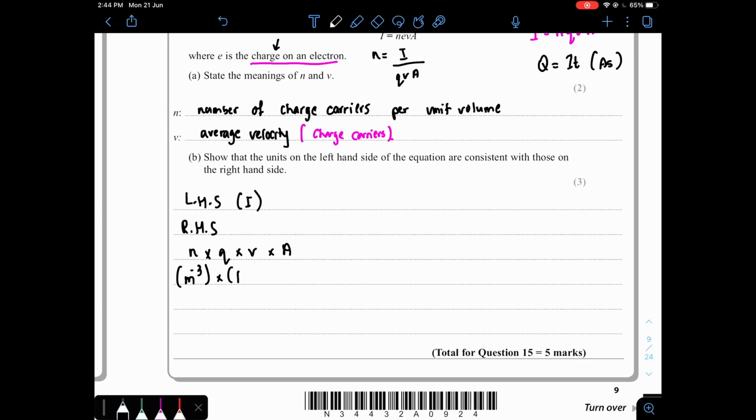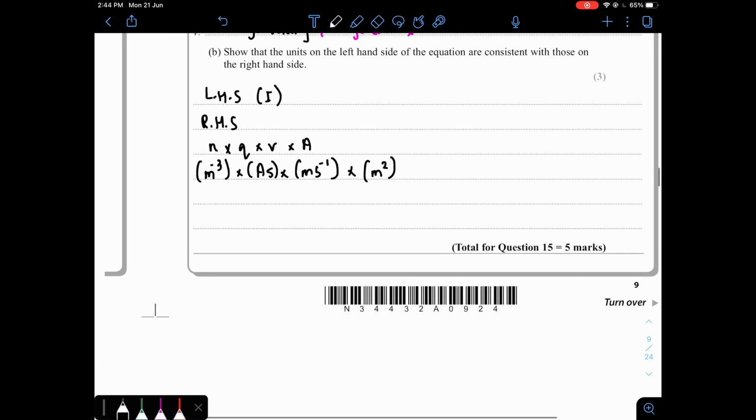So this is times A s, times velocity, which is meters per second, times area, which is meters squared. So now let's bring it all together. We will get meters to the power minus 3 times meter times the meter squared times A times s to the minus 1.